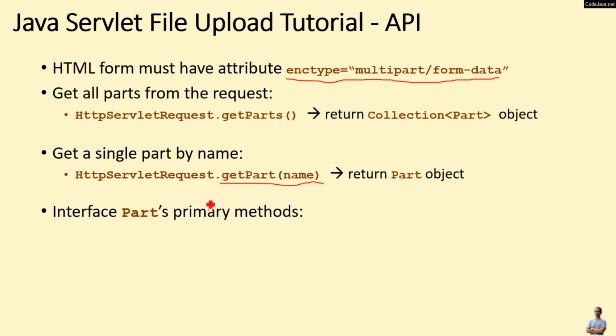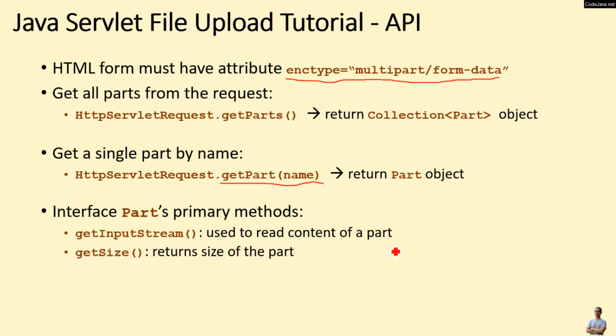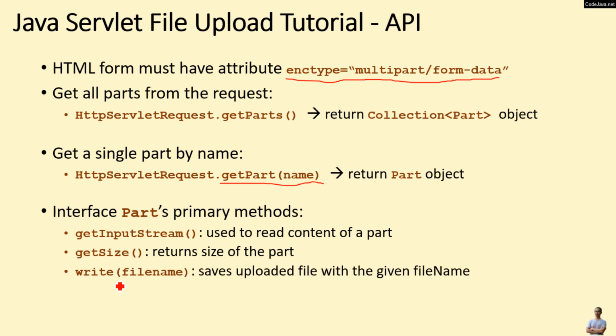And the interface Part provides some primary methods like this: getInputStream that returns the input stream of the uploaded file, and it can be used to read the content of a file part. And the getSize method returns the size of the part, and the write method that saves the uploaded file with the given file name.